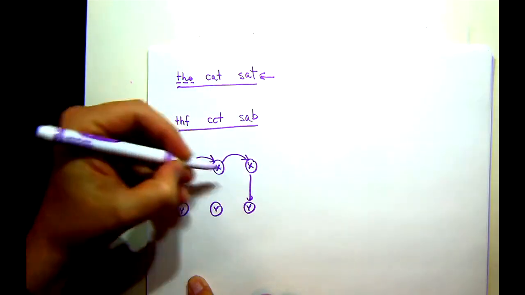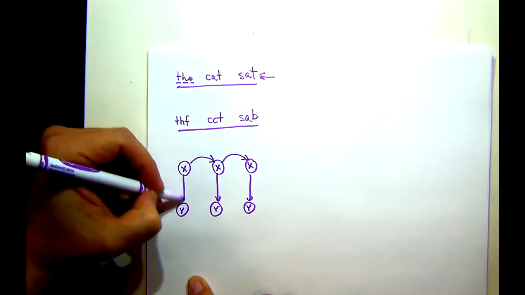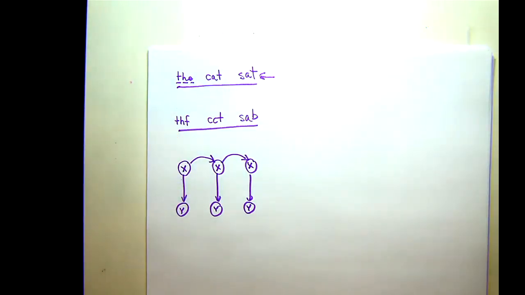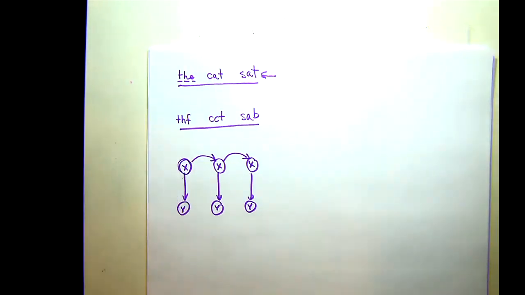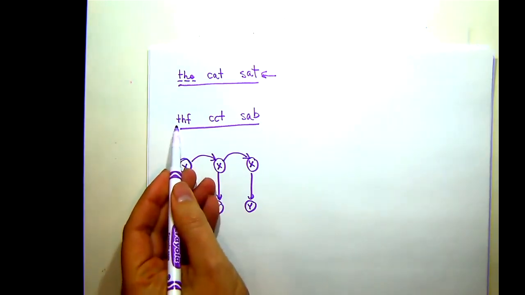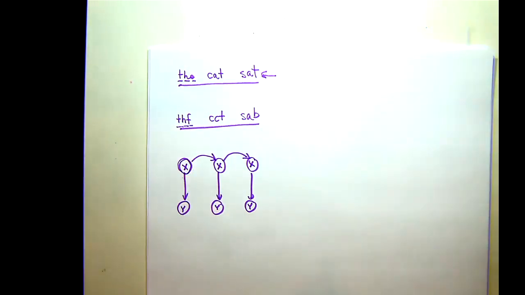And the observed variables depend only on the hidden variable that's associated with them. So as you see there, the y, which are often called the emissions from the hidden state, they only depend on this x right here. So if you're going to try to recover this text, this becomes the emitted thing. This is the hidden state that you're looking at.